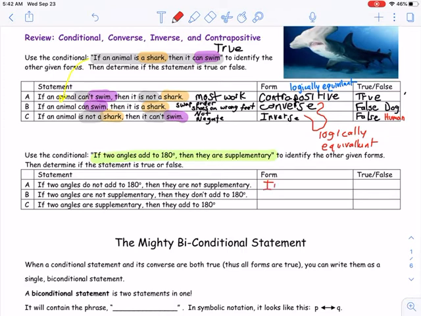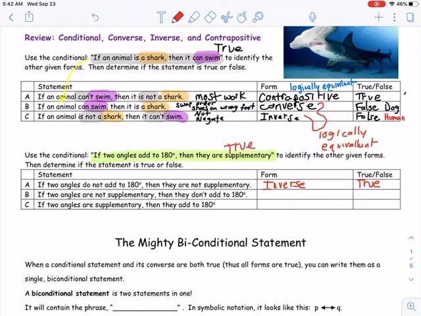That's the inverse. It's something I forgot to do. If two angles add up to 180 degrees, then they are supplementary. That's a true statement. So we know the contrapositive is going to be true. If two angles do not add up to 180, then they are not supplementary. Inverse, that's also a true statement.